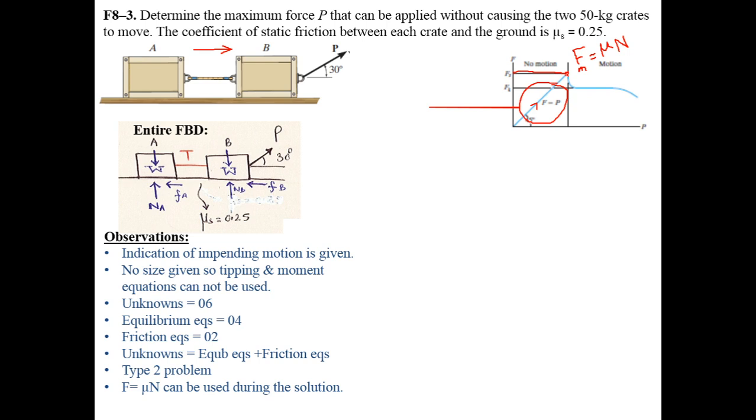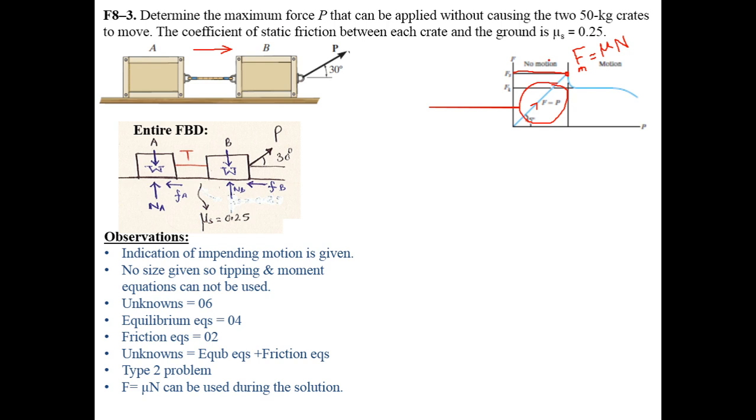Or this entire line can be rephrased, and we can say: find the minimum value of force required to cause motion. Both statements are equivalent to each other. Determine the maximum value of force P that can be applied without causing motion, or determine the minimum value of P required to cause motion.